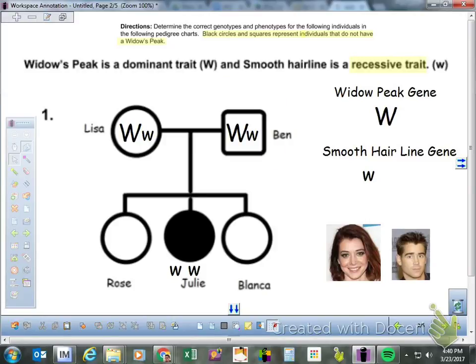But now let's talk about these guys here, Blanca and Rose. Blanca and Rose, we don't know what that genotype is going to be. Okay, we can't tell for 100%. We only know that they could either be, if mom gives her this, dad can give her the same thing, right?